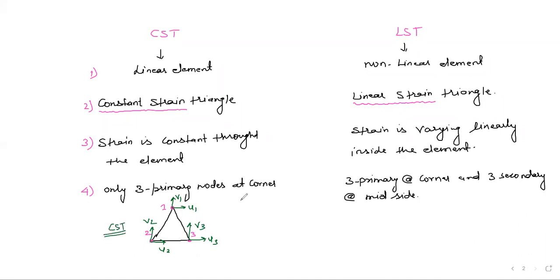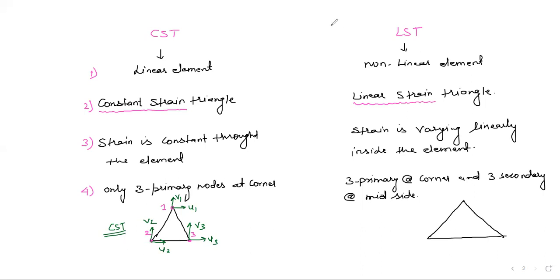See, only 3 primary nodes are there at the corners. But coming to LST, what I said, in LST we have 3 nodes at the corners as well as 3 in between. Let me draw that.